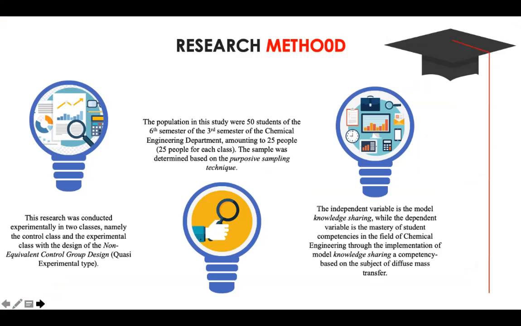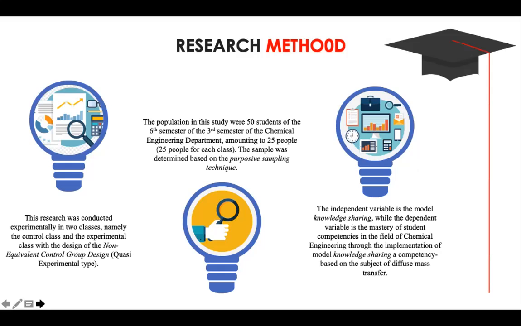For the research method, I am using a non-equivalent control group design, or quasi-experiment. The population in the study was 50 students of the sixth semester and the third semester of the chemical engineering department, amounting to 25 people for each class.